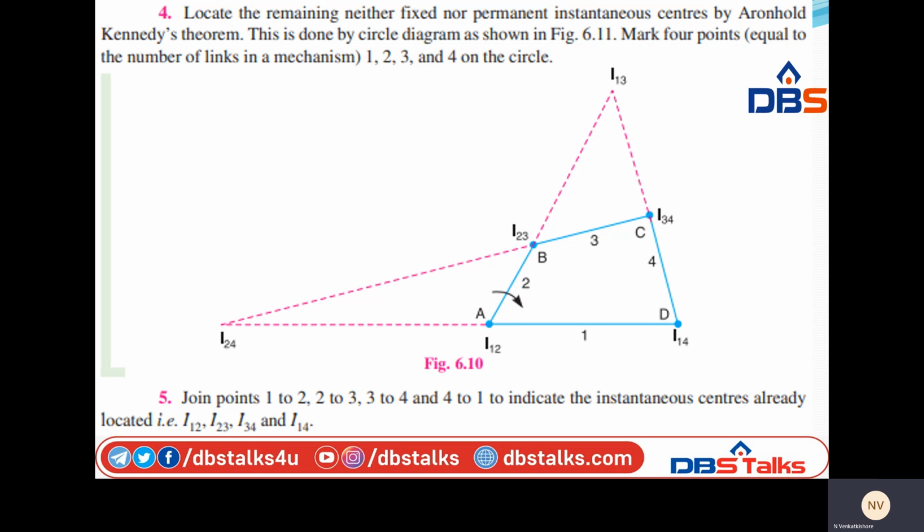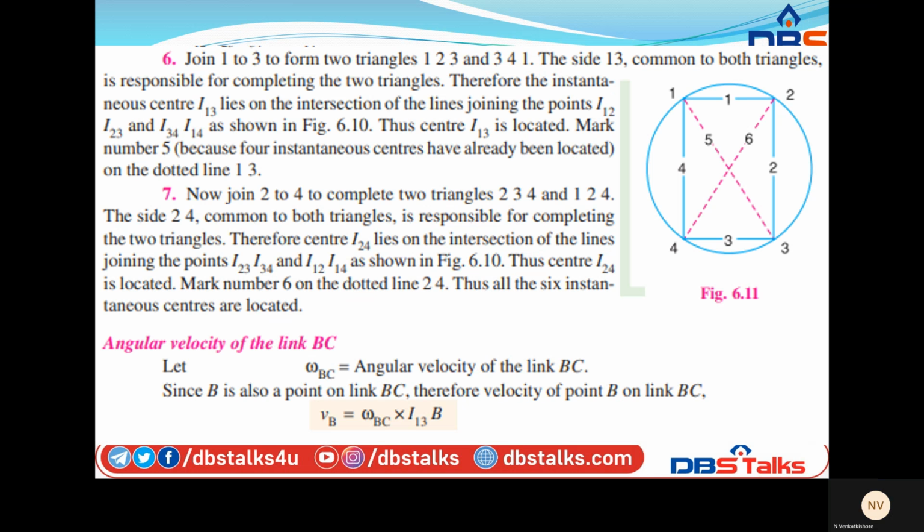Then locate the remaining centers, which are neither fixed nor permanent, by Kennedy's theorem. This is done by the circle diagram method only. Mark 4 points, equal to the number of links, 1, 2, 3, 4 on the circle. Join the line 1, 3 to form two triangles, 1, 2, 3 and 1, 3, 4.